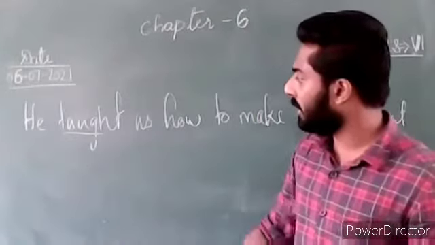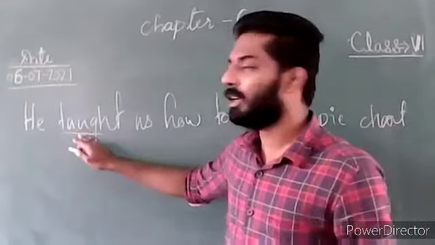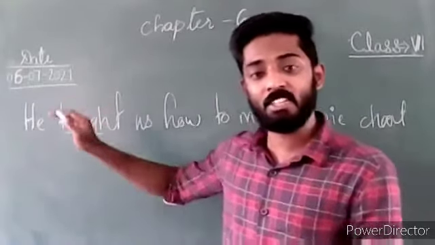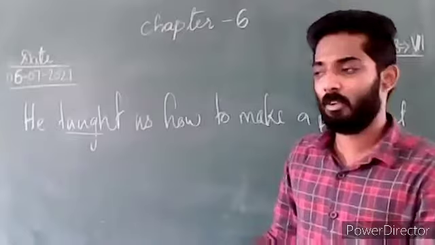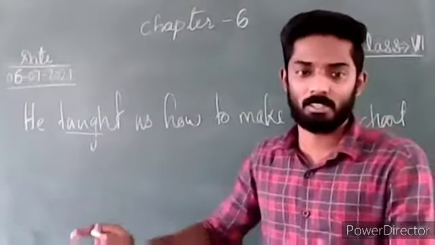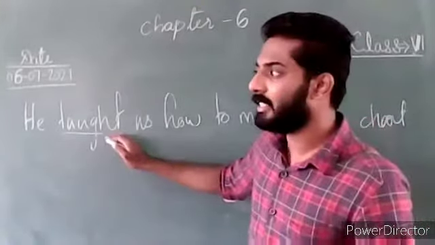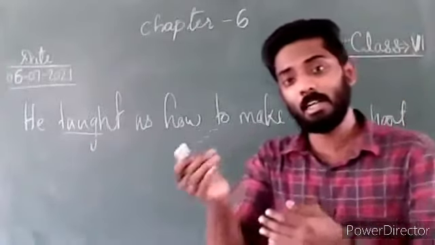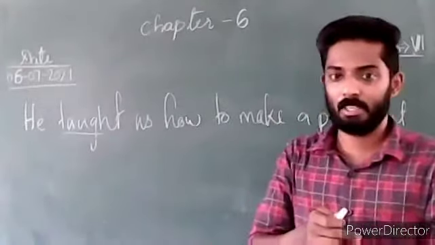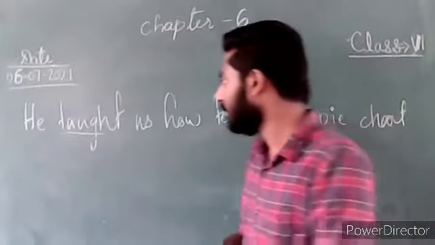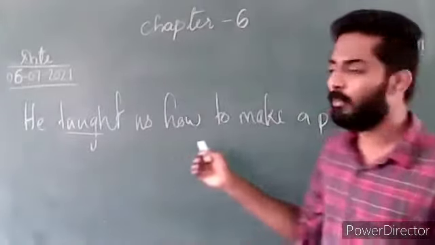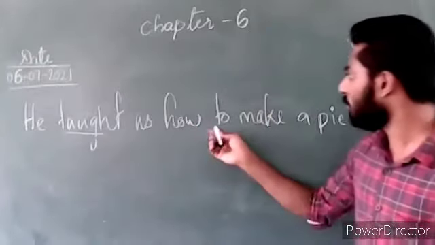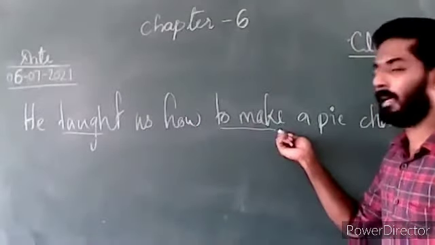Here we have seen the word taught is the word which makes sense in the tense of the sentence, because it acts to show the tense of the sentence. And here there is one more thing: "It taught us how to make the pie chart."